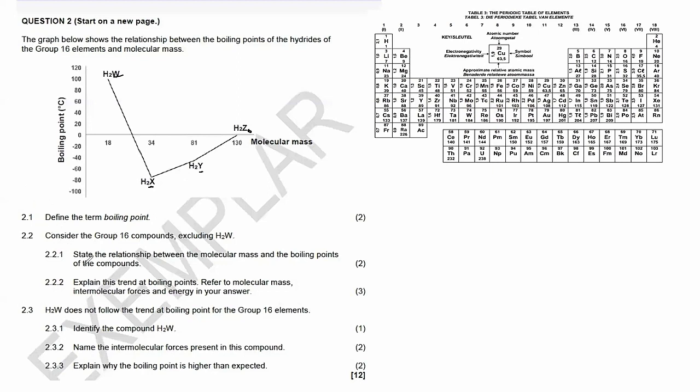Right. So, okay. 2.2.1 says state the relationship between the molecular mass and the boiling points of the compounds. So this one here. Now, what can we observe from this? We can observe that as the molecular mass increases, the boiling point is also increasing.